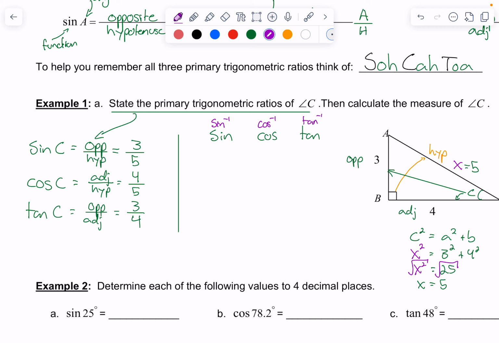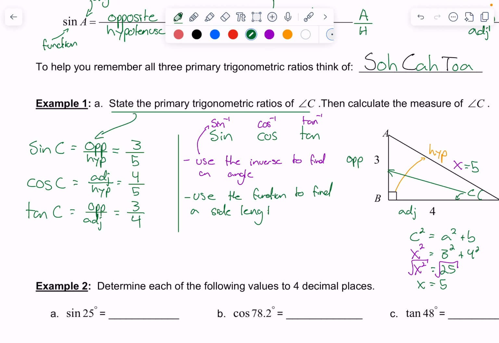Well, you use the purple, so use the inverse to find an angle. So if your angle is an unknown, then you use those. And then you use the function button to find a ratio, to find a side length.